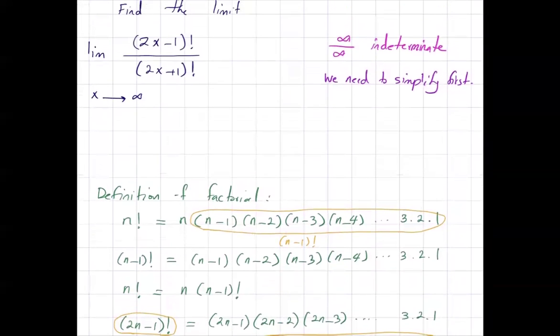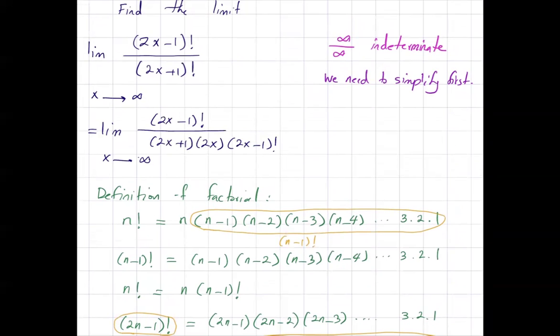So let us use this repetition and simplify our quantity here. Take a look. This can be written as the limit of, copy, (2x minus 1) factorial on the numerator. On the denominator, you have (2x plus 1) times 2x multiplied by (2x minus 1) factorial, and x goes to infinity. So what's happening here?